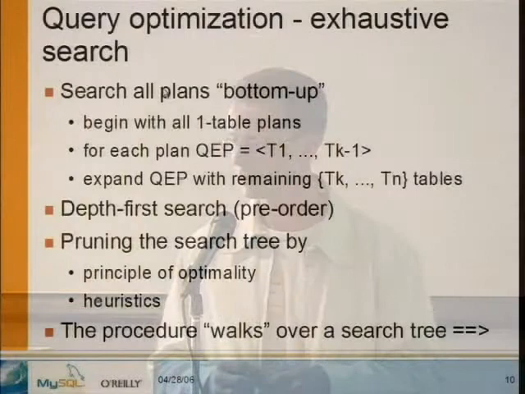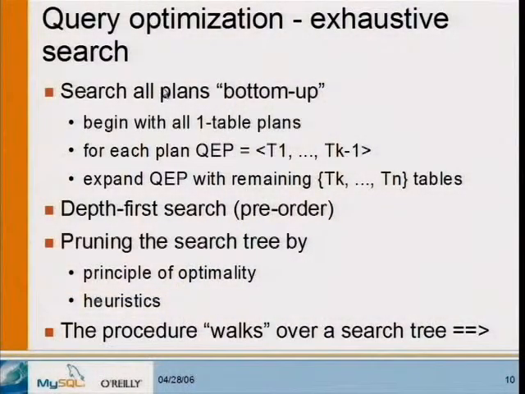For many years MySQL has used exhaustive search, and the search is performed bottom up. We start with one table plans, and then we gradually expand these plans, adding more and more tables. This is performed with a depth first search procedure.